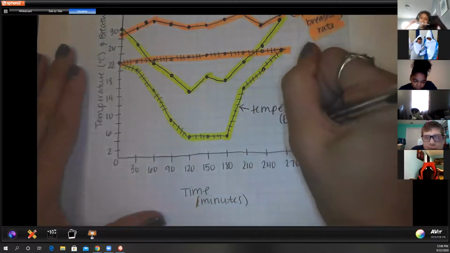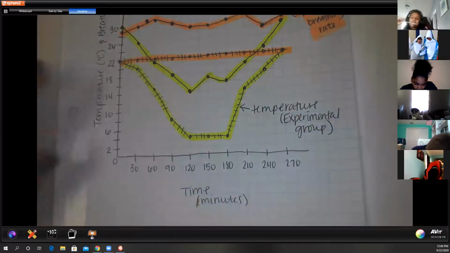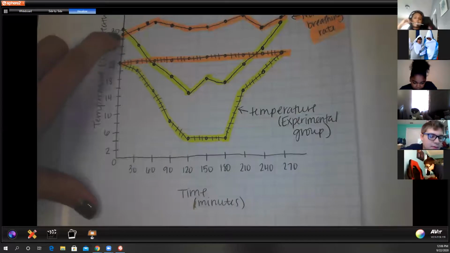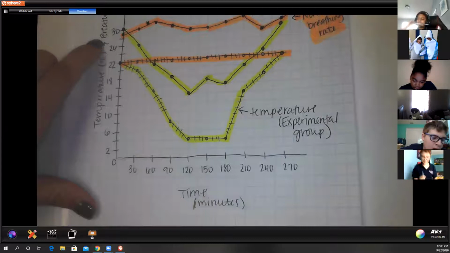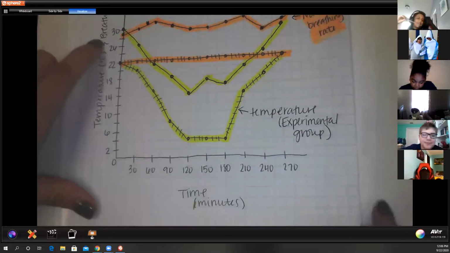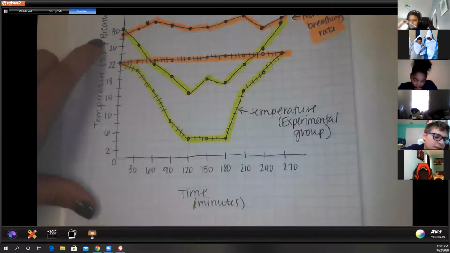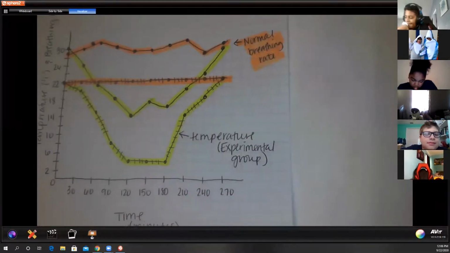What happened to the frog's breathing rates when we decreased the temperature? When I went down in temperature, what happened to the breathing rates, Braylon? It went down. Perfect. What about when I raised the temperature back up? It went back up.